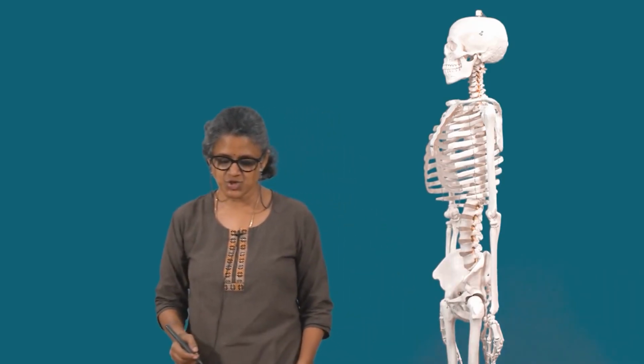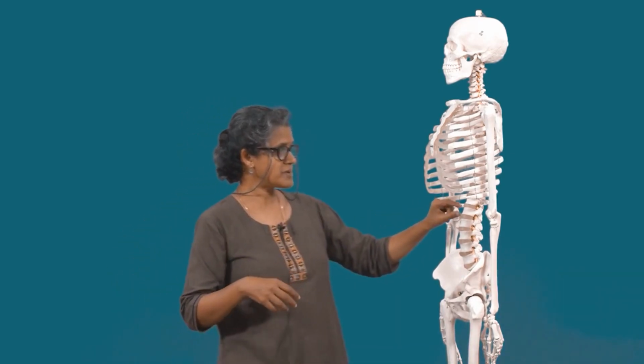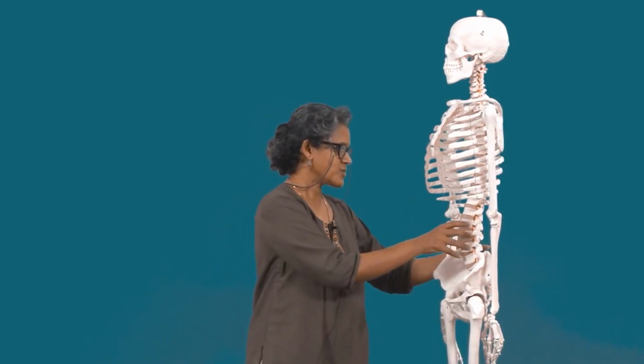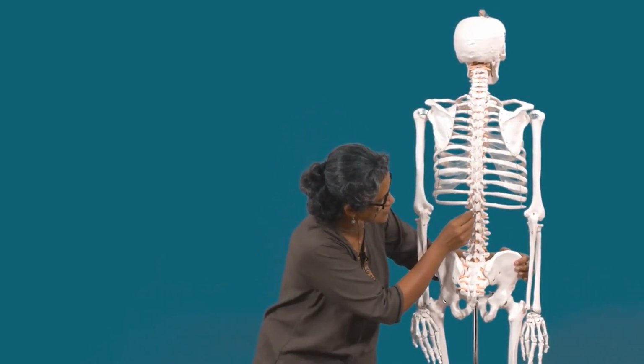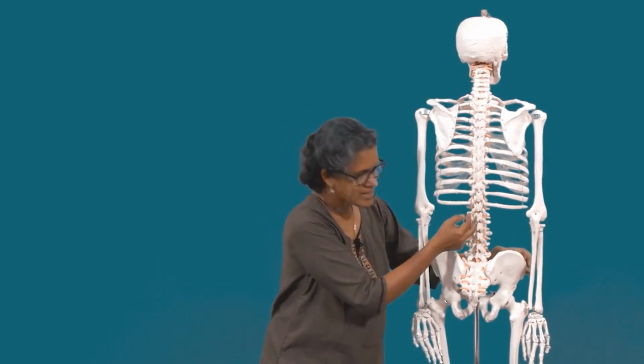The other planar joints are the joints between two vertebrae. So, when they slide, so when you bend, remember the joint between the vertebrae is this cartilaginous joint. So, in the posterior part, you can see the different vertebrae kind of interlock, they overlap with one another.